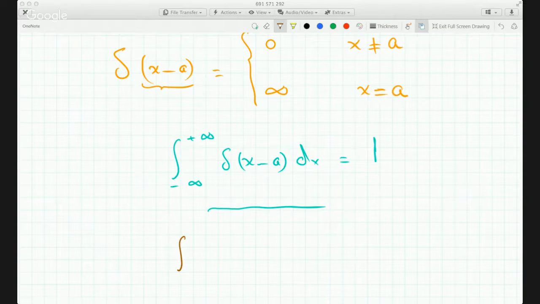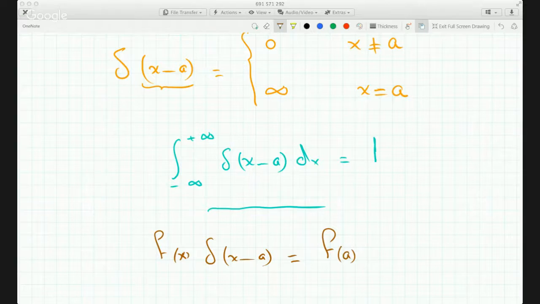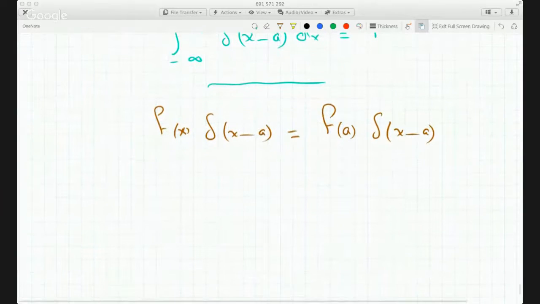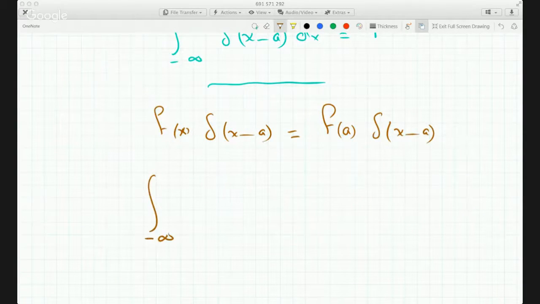So I could say that f of x times the Dirac delta function shifted by an amount a will pick up, instead of the value at x equals 0, the value of f at x equals a, times the Dirac delta function x minus a, so that the integral from minus infinity to plus infinity of f of x delta x minus a dx.